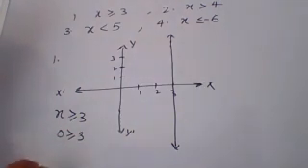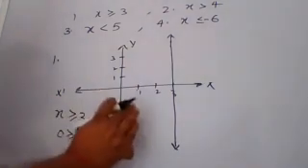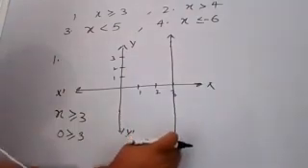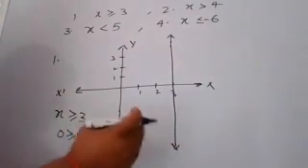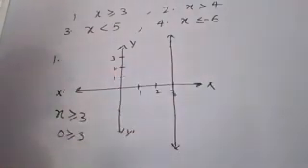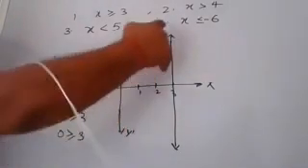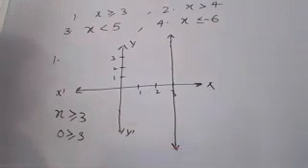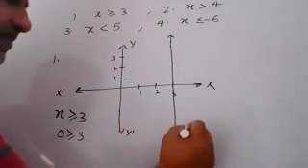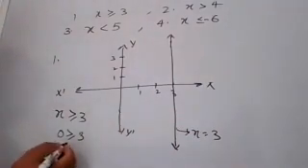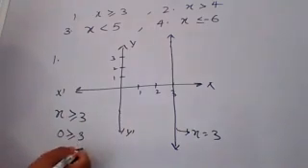If it is not correct, you have to set the region of the line which does not contain origin. Just see here, you have the portion of origin, and here you have the line x is equal to 3. Understand? Here you saw that 0 greater or equal to 3 is given, which is not correct.